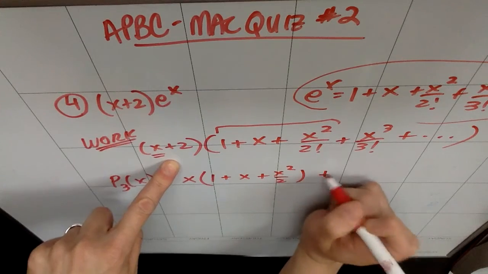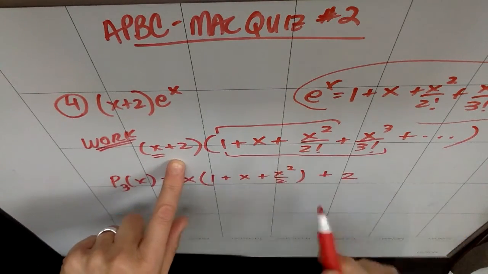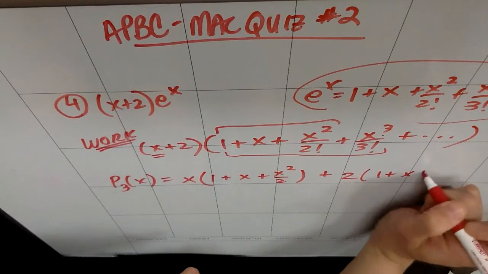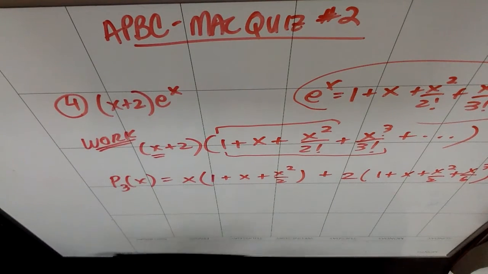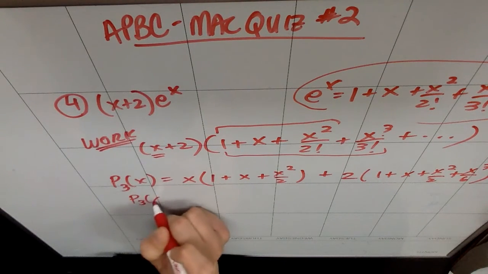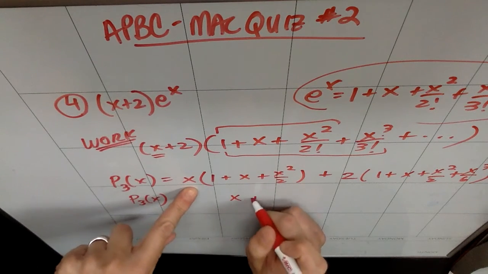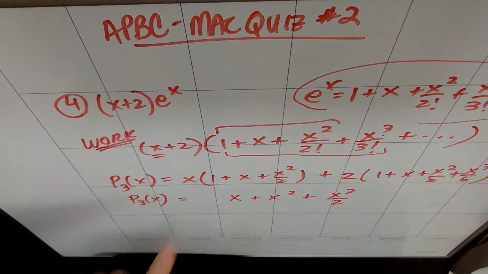Plus the 2 times, now the 2 can get multiplied by all of these because that'll go up to an x cubed as well: 1 plus x squared over 2 plus x cubed over 6. So my p sub 3 of x from the x part is going to be x plus x squared plus x cubed over 2, my bad.